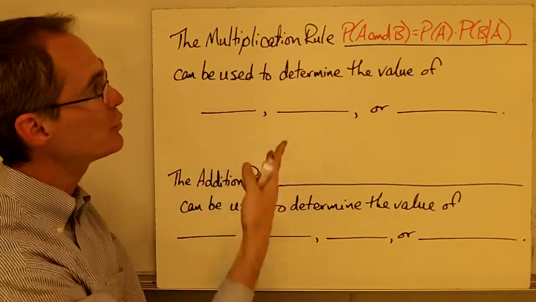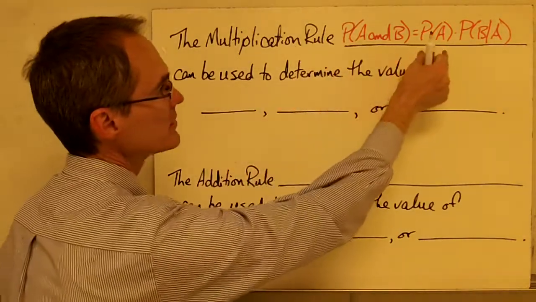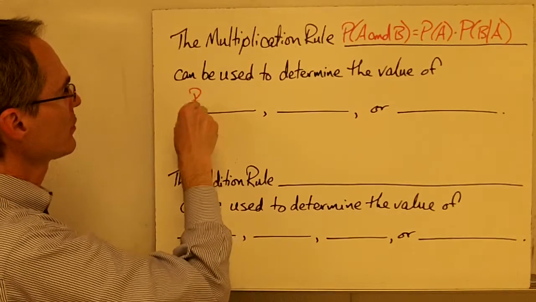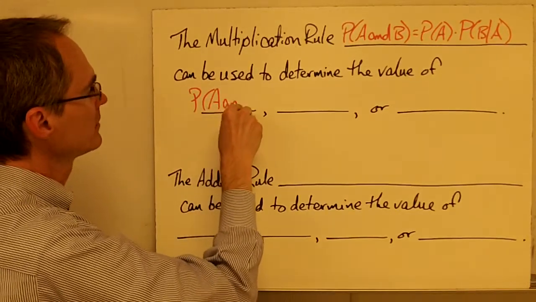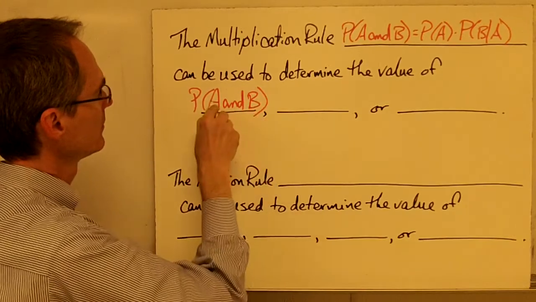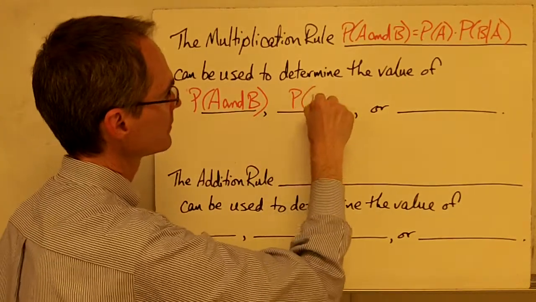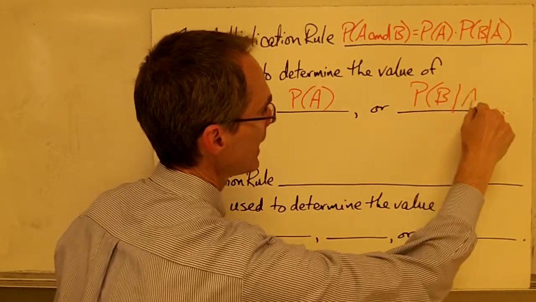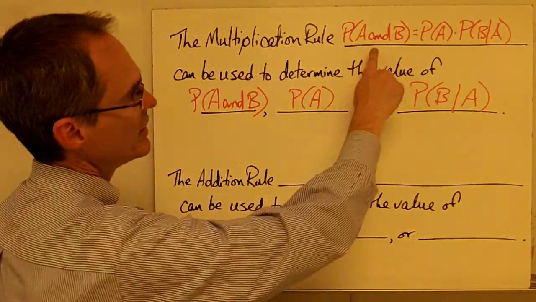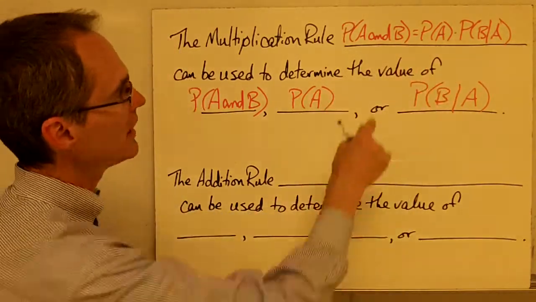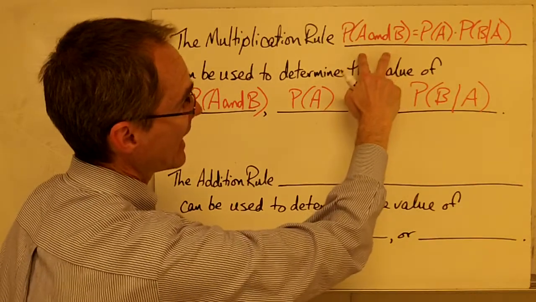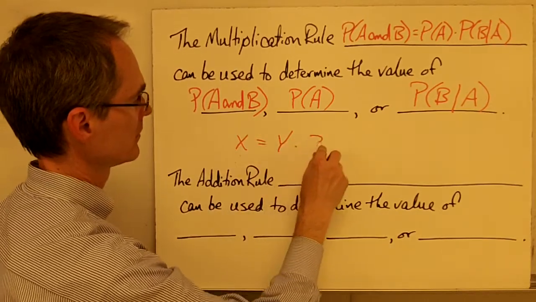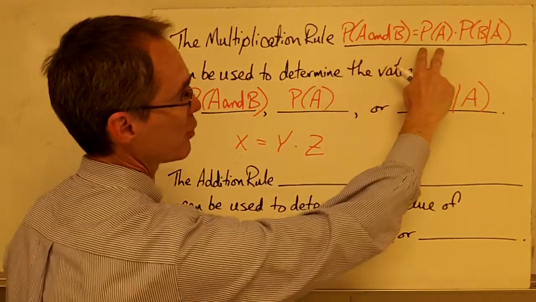The multiplication rule can be used to determine the value of these three values here: probability of A and B, the probability of A, or the probability of B given A. In other words, if you want to think of it as a formula, this is just like x equals y times z, where this is x and this is y and this is z.